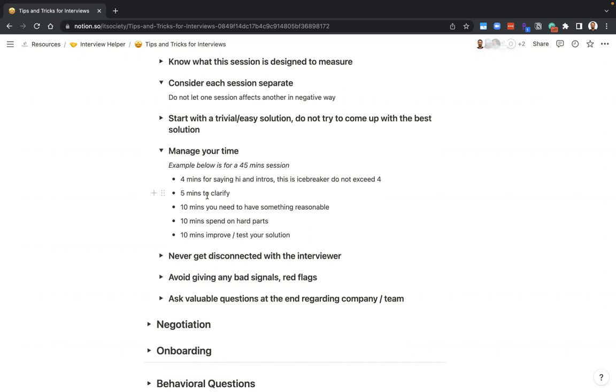It's not valid for all positions and all sessions, but for a regular technical interview, which is 45 minutes, I myself do not exceed 4 minutes for saying hi, giving some small intros, and doing an icebreaker with the interviewer. Then I get a question from the interviewer, and I spend at most 5 minutes to clarify.